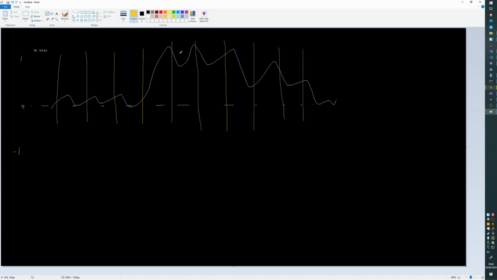And for each one of these windows, let me look at this one for example. I find the lowest value in that window and the highest value, and then I calculate the midpoint between those two values, and that value is basically how far off from the center we are.